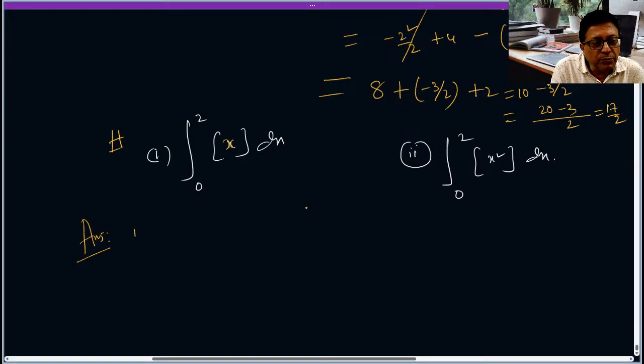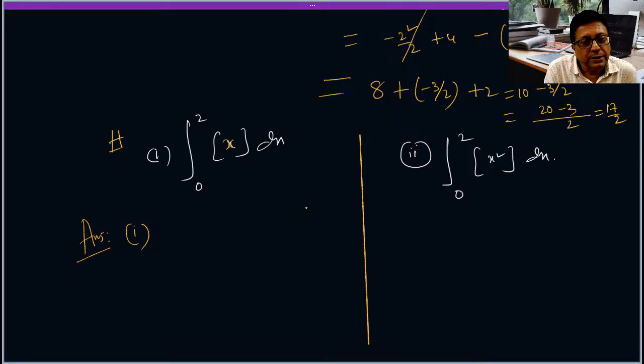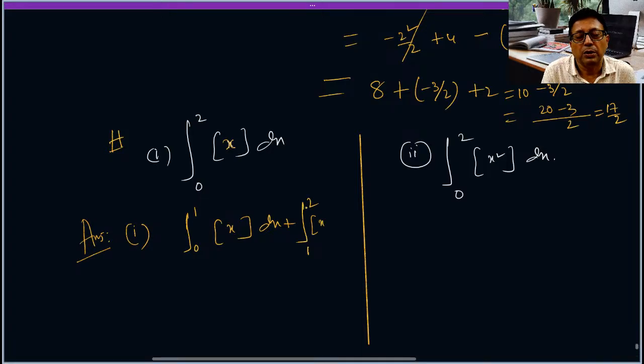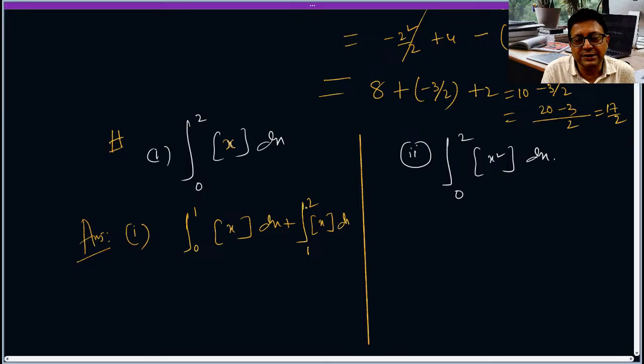So this one, number 1, when you are answering, this will be 0 to 1 modulo x dx plus 1 to 2 modulo x dx.